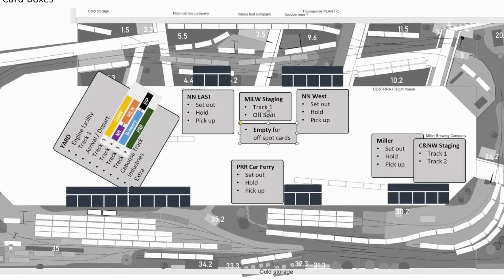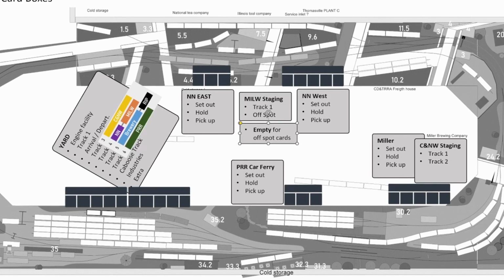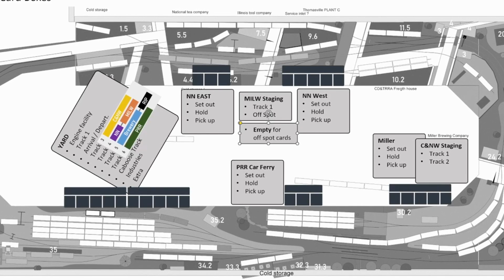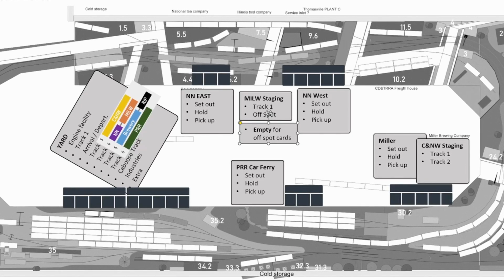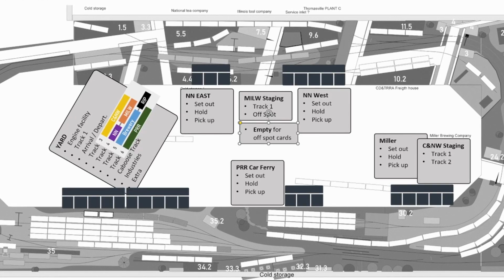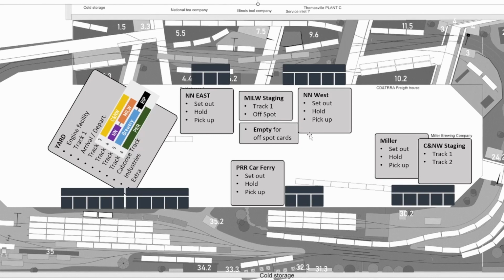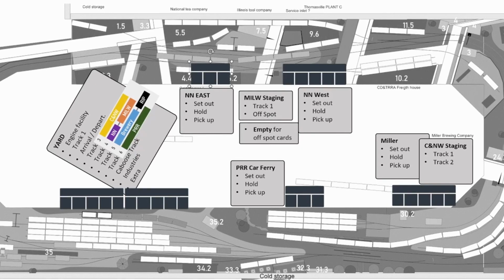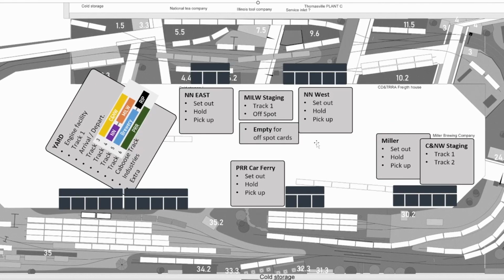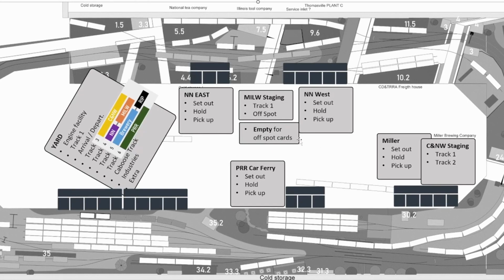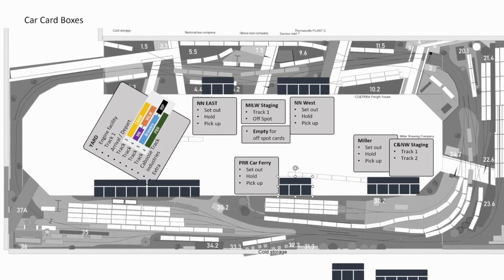Ideally, I would also want to have one empty box for empty cards or empty off-spot cards or empty other things. But like I said, we have 1, 2, 3, 4, 5, 6, 7, 8 boxes we need. 5 plus 3 is 8. I just don't have one extra empty. So that's just a compromise from my end. And then for the yard, I just want to have enough.